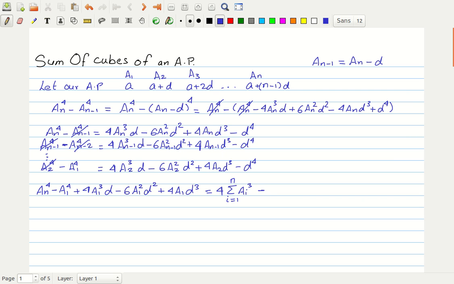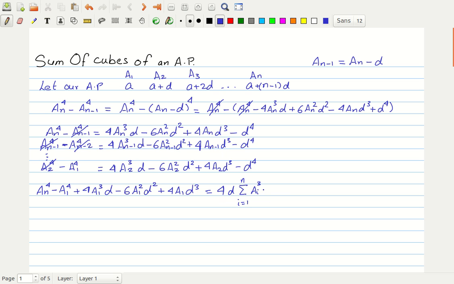What is this term? This becomes minus 6 sigma of... I'm sorry, we are missing one term here. The first term over here becomes 4 times d, we have d here, sigma of ai cube, i equal to 1 to n.